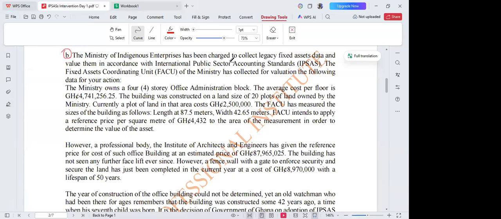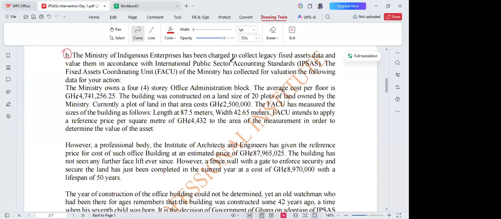The Fixed Assets Coordinating Unit of the ministry has collected for valuation the following data for your action. The ministry owns a 4-storey office administration block. The average cost per block is 4,741,256.25 pesos.